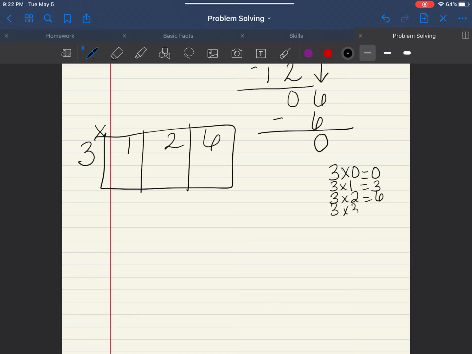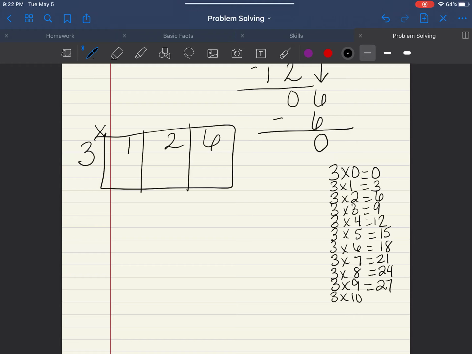I forgot times. 3 times 0 equals 0. 3 times 1 equals 3. 3 times 2 equals 6. 3 times 3 equals 9. 3 times 4 equals 12. 3 times 5 equals 15. 3 times 6 equals 18. 3 times 7 equals 21. 3 times 8 equals 24. 3 times 9 equals 27, and 3 times 10 equals 30.